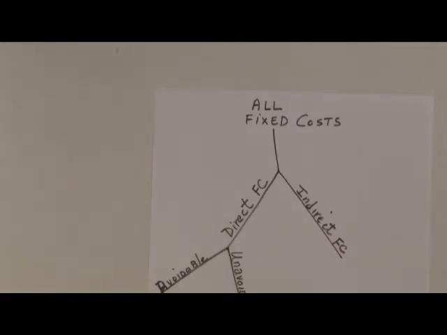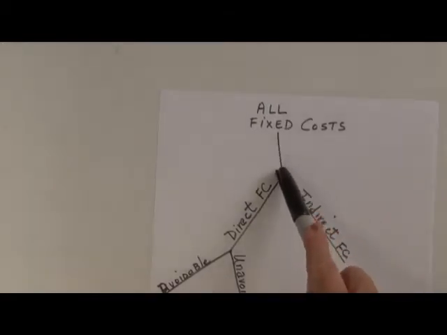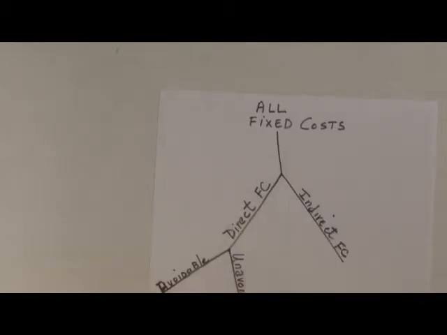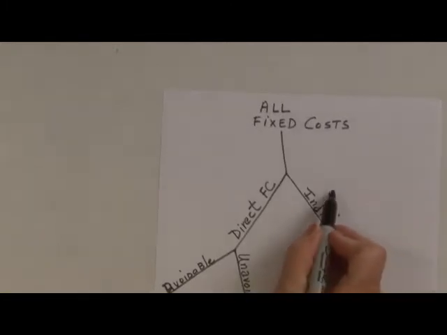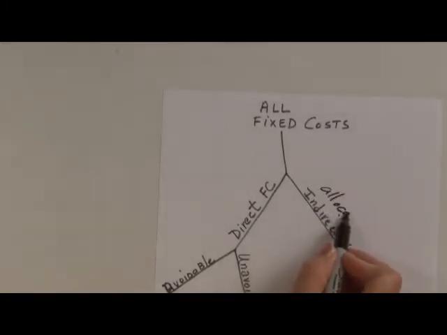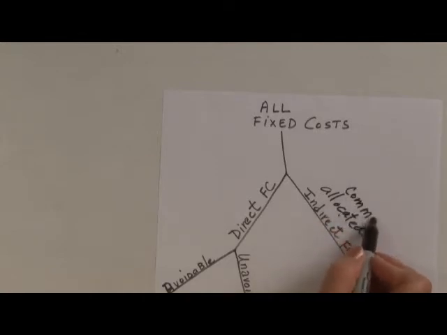To help management reach the correct decision in terms of the accounting numbers, we have to take the fixed cost and decide how many dollars are direct and how many are indirect. Of course, we remember what those terms mean. Direct means it can be traced to the department. Indirect means it could not be traced to that department, but these are, in essence, allocated cost, or common cost.